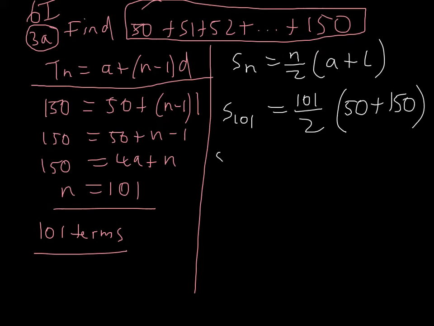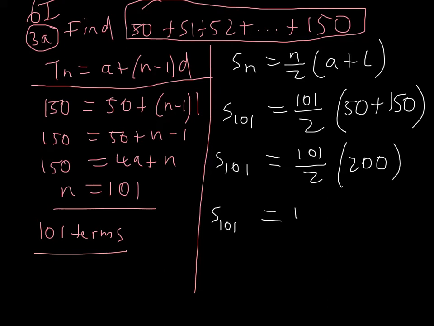So we get the sum of the first 101 terms is 101 on 2 times 200, so the sum of 101 equals 101 times 100, which equals 10,100. So sometimes the questions are a little bit tougher and we have to find out how many terms are in the series before we can actually calculate the sum of it.